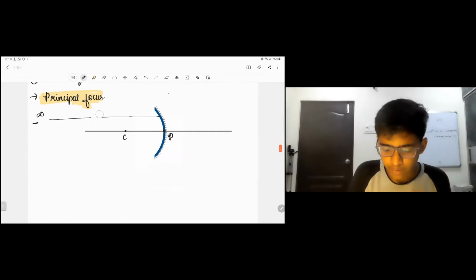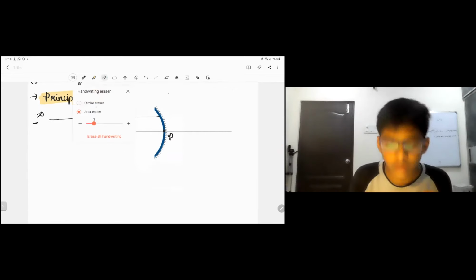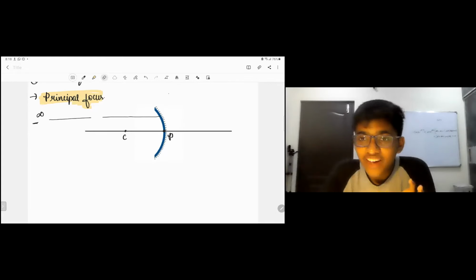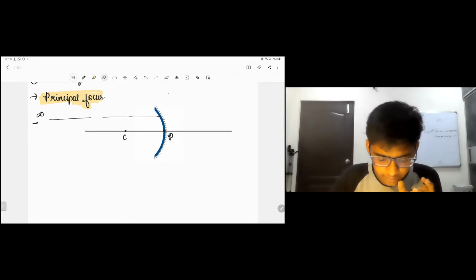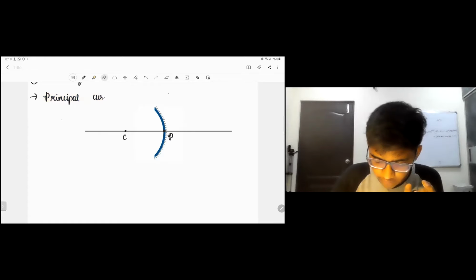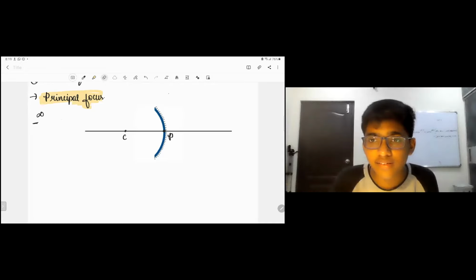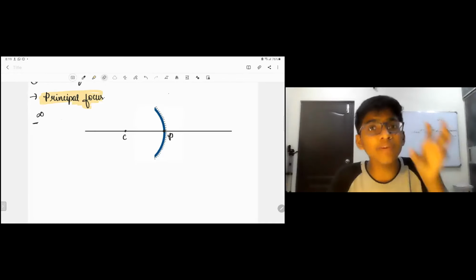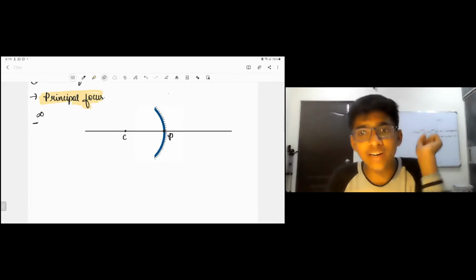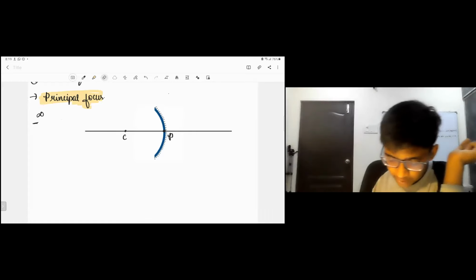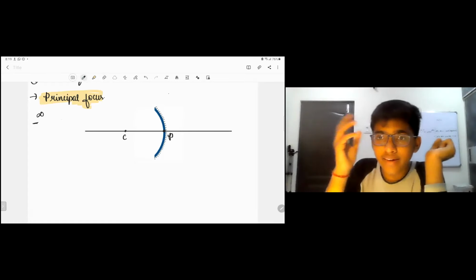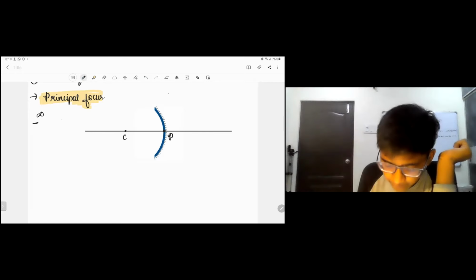When the object is placed at infinite distance from the mirror, the rays coming from the object are parallel to the principal axis. Now here, let us consider an object which is placed at infinity.